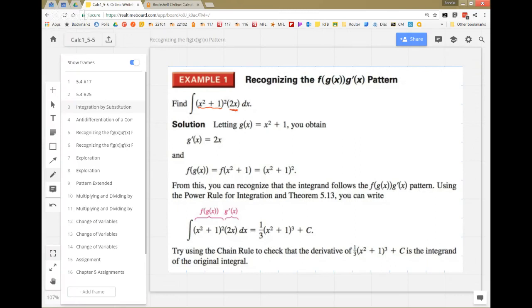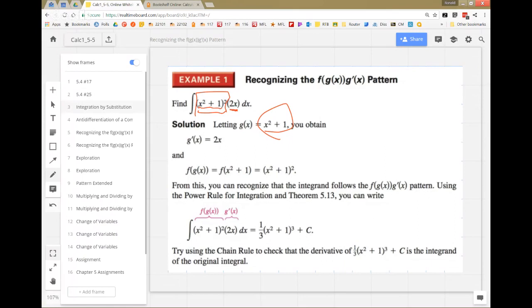Okay, well then when we do the integral, it's that innermost function that we want to concentrate on, the x squared plus 1. And really, all you have to do is, right now, what's being done with x squared plus 1? It's being squared, right? So what do you do when you do an integral?